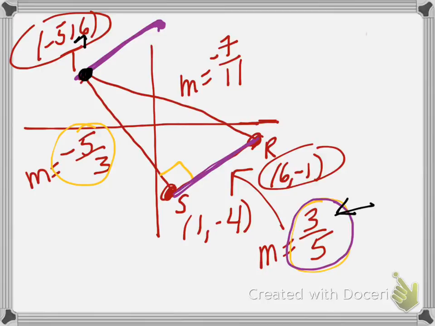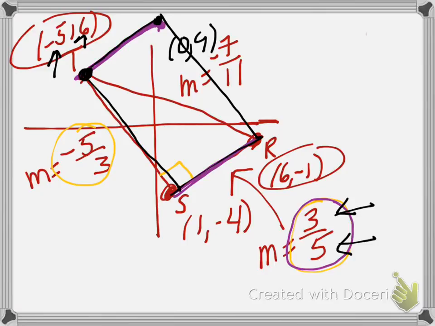My y value is going to be 9. And then I need to move over by 5 for my x. So if my x was negative 5 and I move over 5, I'm going to end up at 0. So that would be my point (0, 9). And now here's my beautiful rectangle.